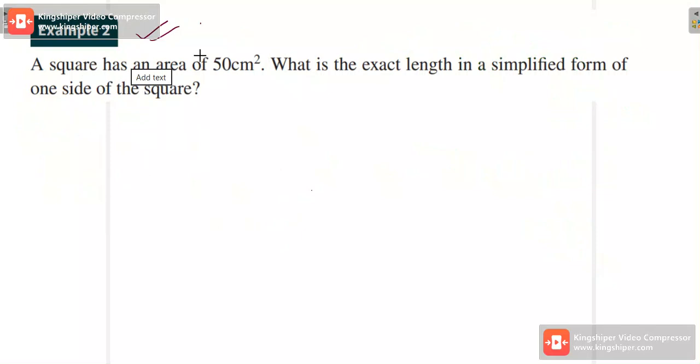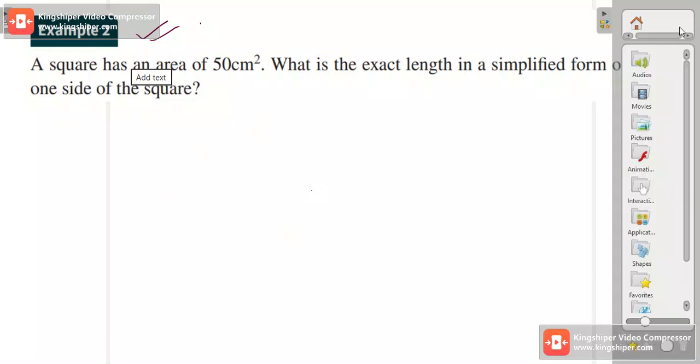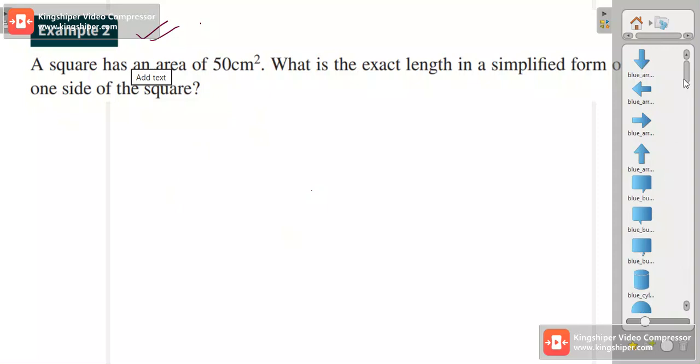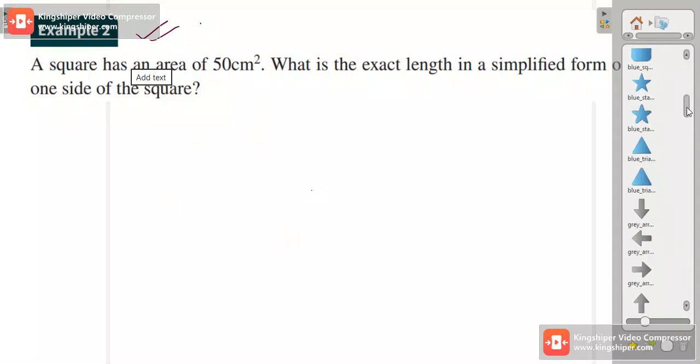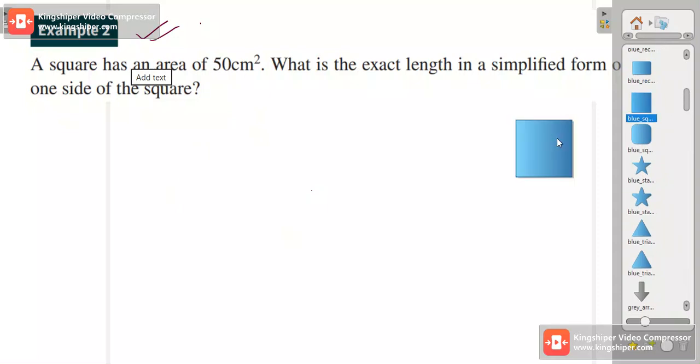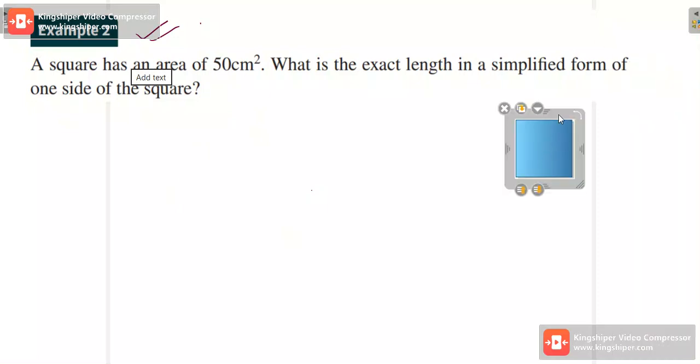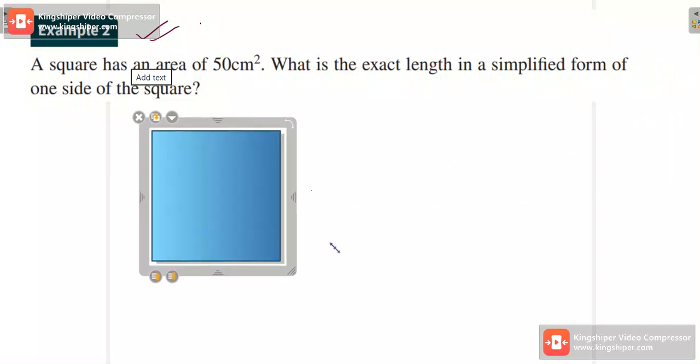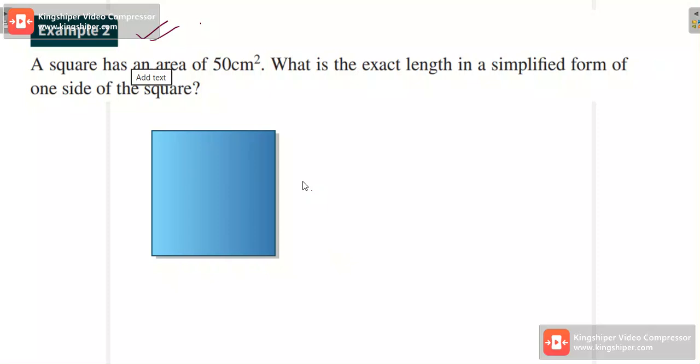A square has an area of 50 centimeters squared.